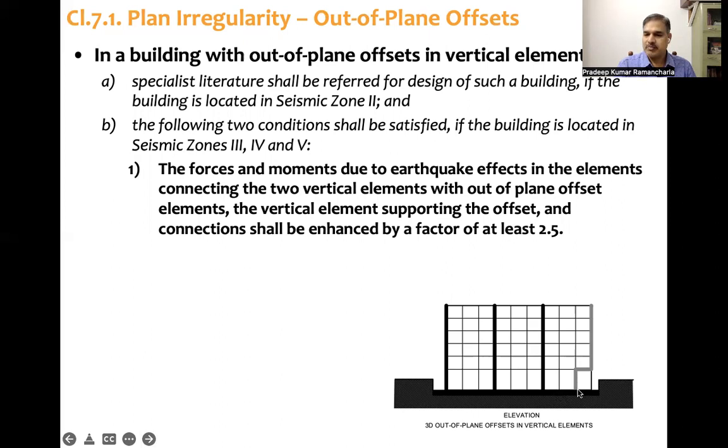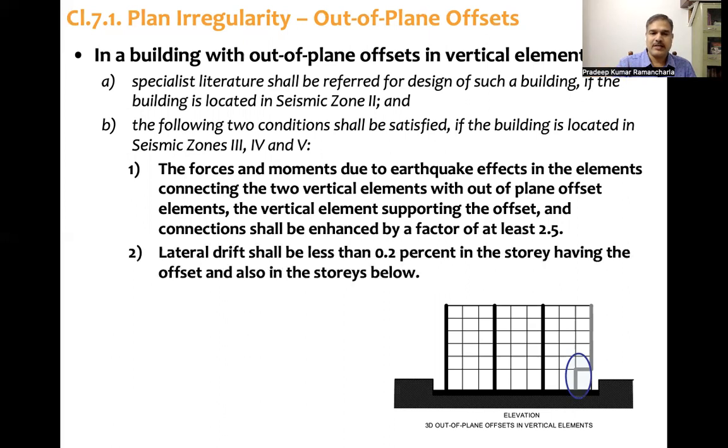So that means this base and this horizontal, these two elements, the circle. These are the columns below, the vertical resisting element below, and this horizontal element. These two elements have to be designed for 2.5 times the factored force compared to whatever has come from the analysis.